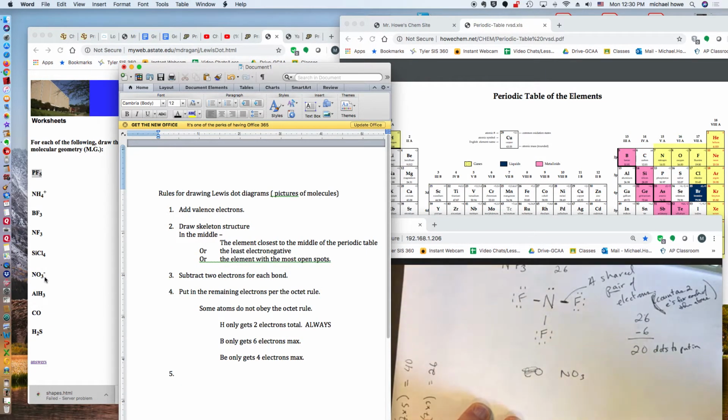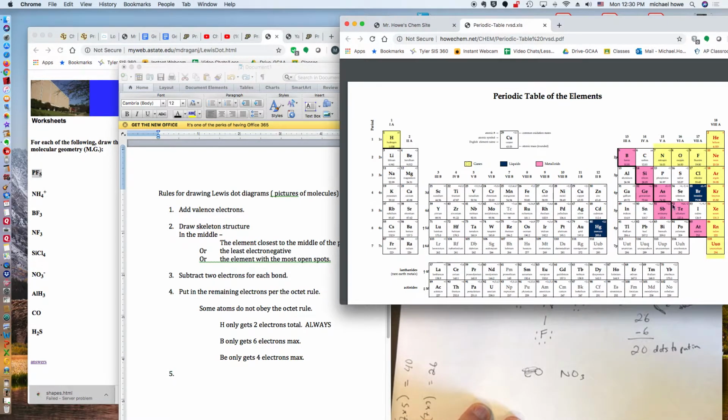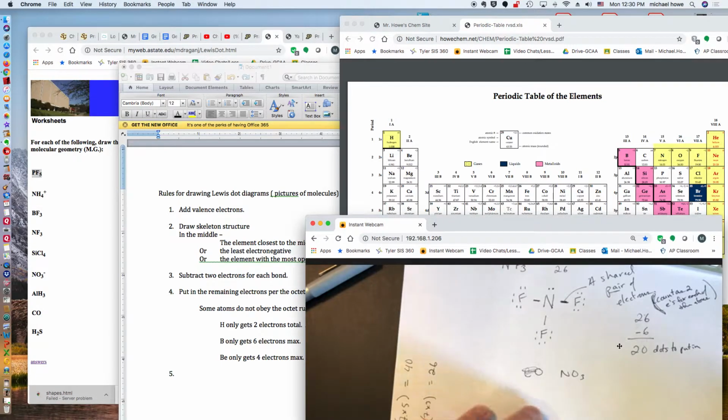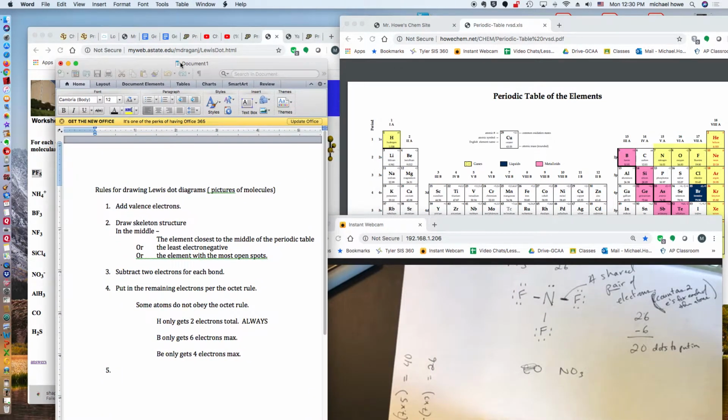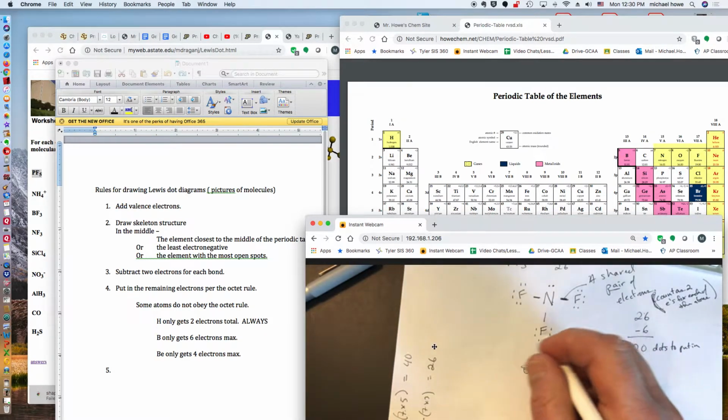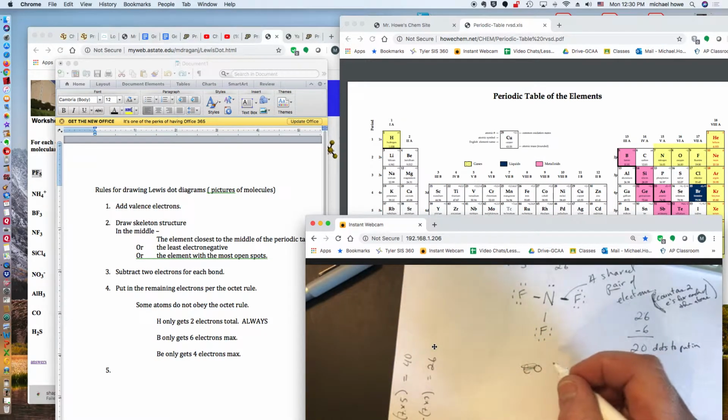Okay, so you look at N on the periodic table, it's right here. It's got 5 valence electrons. You look at O, it's got 6, because it's in the 6th column over there. And the other thing that's interesting about this is it has a little minus sign. So that means overall there's 1 extra electron. So if I'm going to add up the valence electrons following my rules, for NO3 we're going to add the valence electrons.